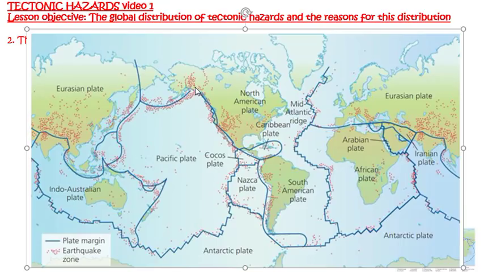The lowest magnitude earthquakes we find at divergent plate margins, like the Mid-Atlantic Ridge, just here, and also intraplate earthquakes tend to be lower magnitude. So intraplate just means in the centre of tectonic plates. They're not as frequent and they're lower magnitude.